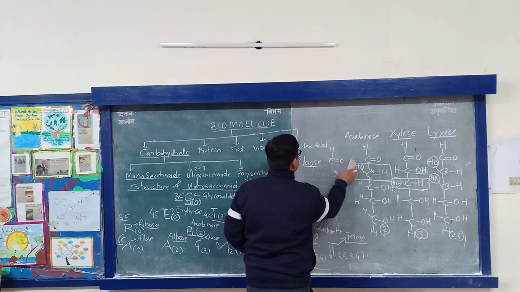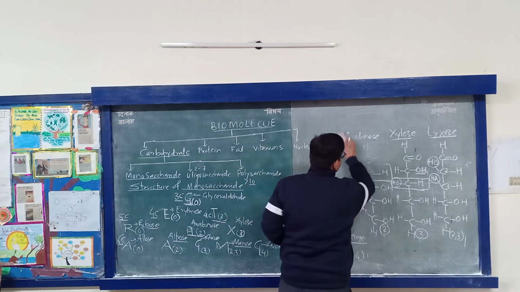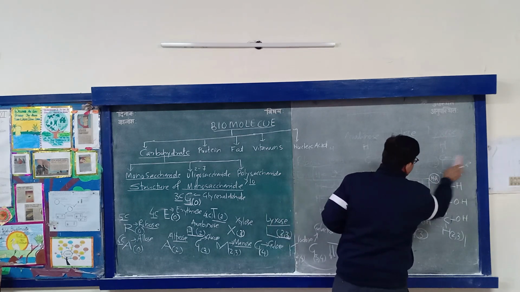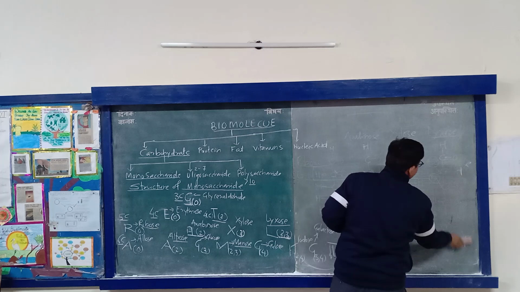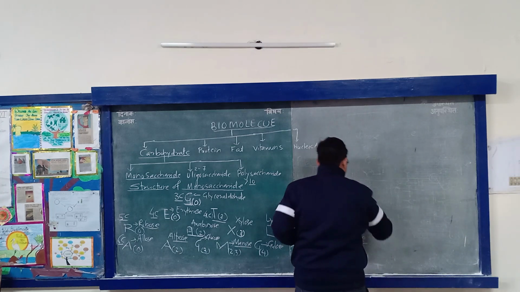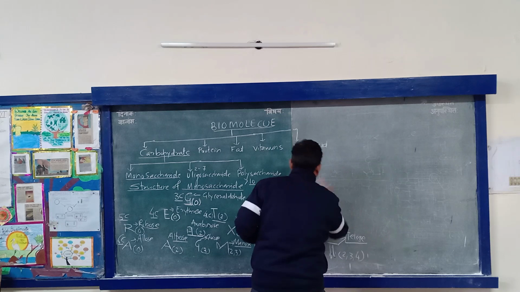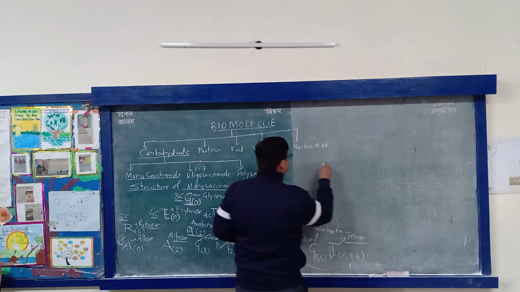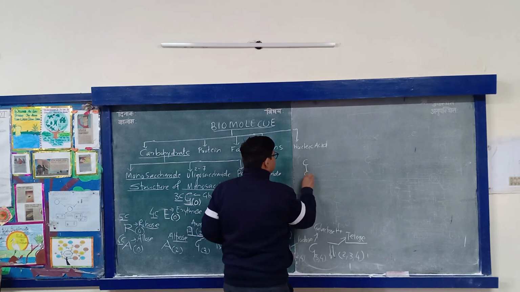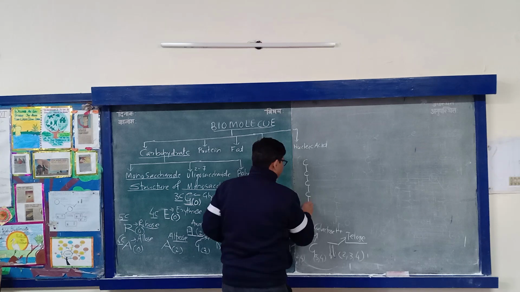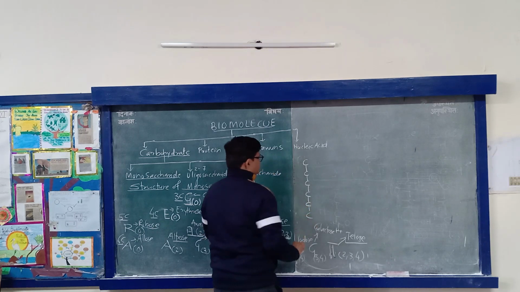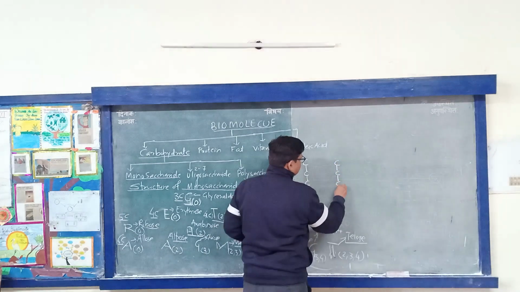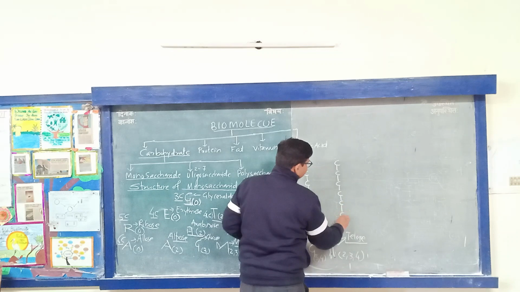Now I am going to draw the structure of 6 carbon containing monosaccharides. So let's start by making the carbon chain of 6 carbons. You have to draw like that: 1, 2, 3, 4, 5, 6. Again 1, 2, 3, 4, 5, 6.